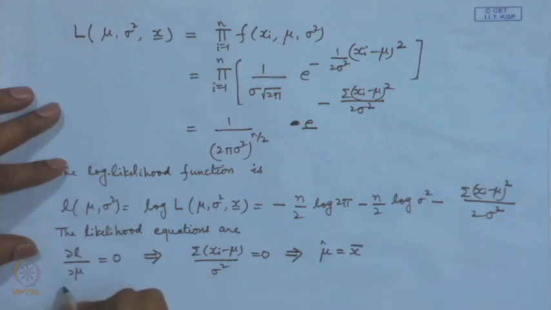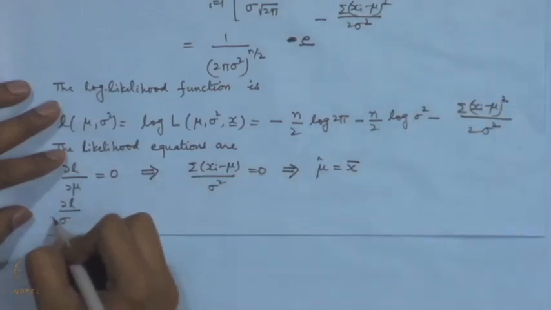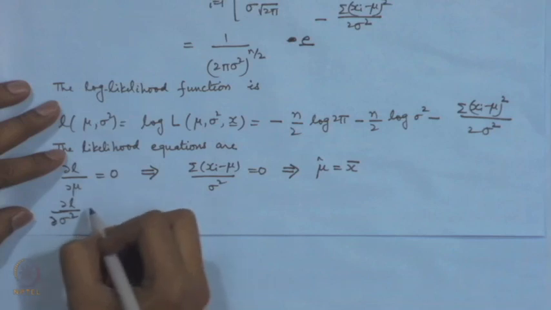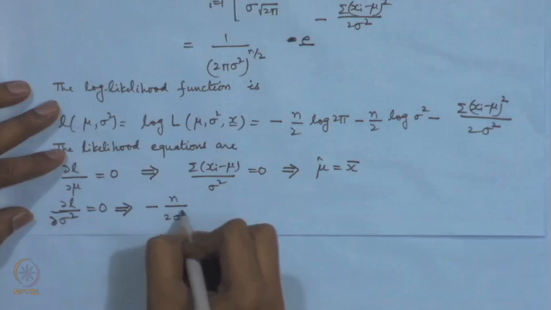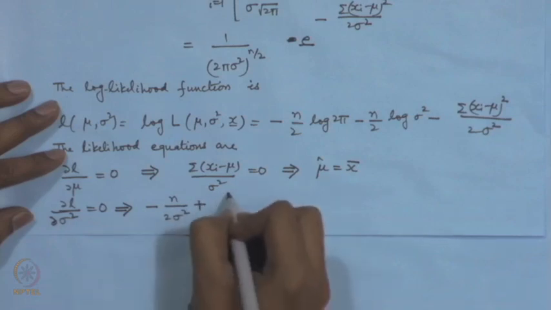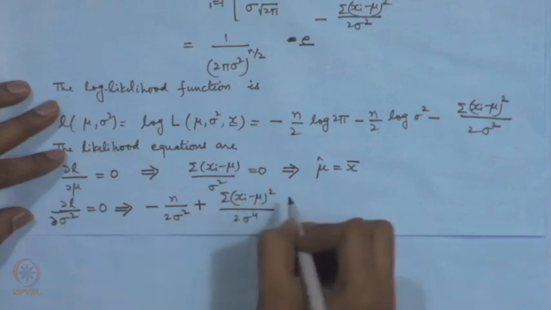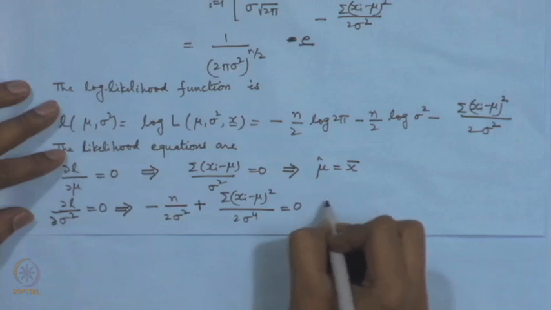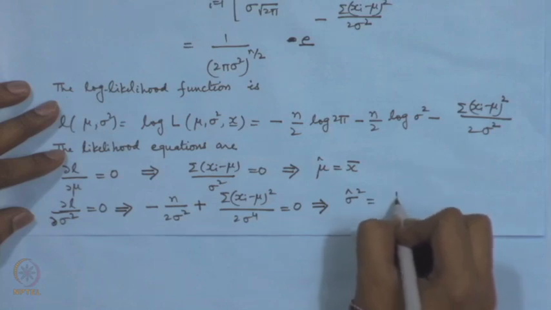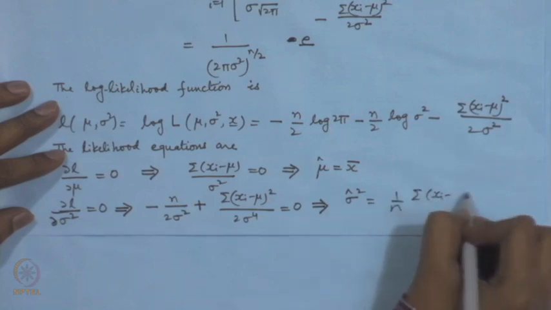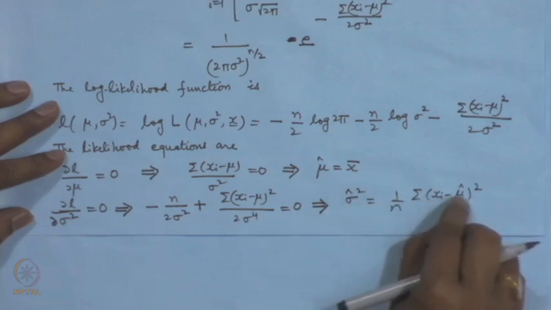The other equation is del L by del sigma square is equal to 0, which will give me minus n by twice sigma square plus sigma (x_i minus mu) square by twice sigma to the power 4 equal to 0, which will give me sigma square is equal to 1 by n sigma (x_i minus mu) square.